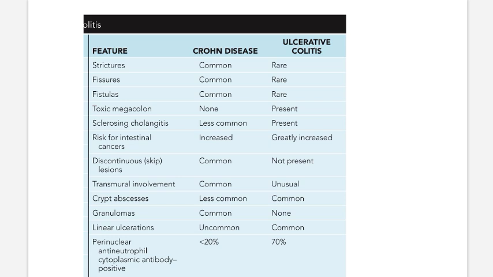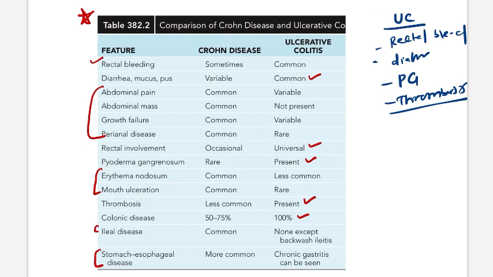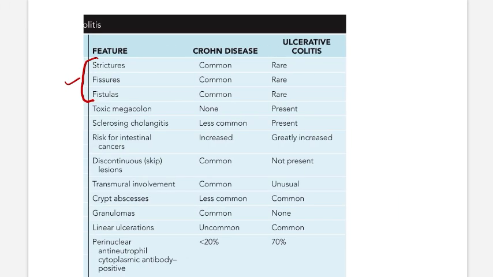Next part of this: strictures, fissures, and fistula are more common in Crohn's disease. So complications like stricture, fistula, and fissure are more common in Crohn's disease. Toxic megacolon is more common in ulcerative colitis, because colonic involvement is 100% in ulcerative colitis.